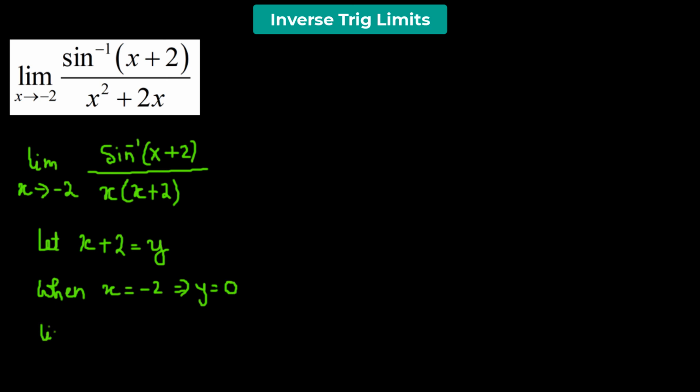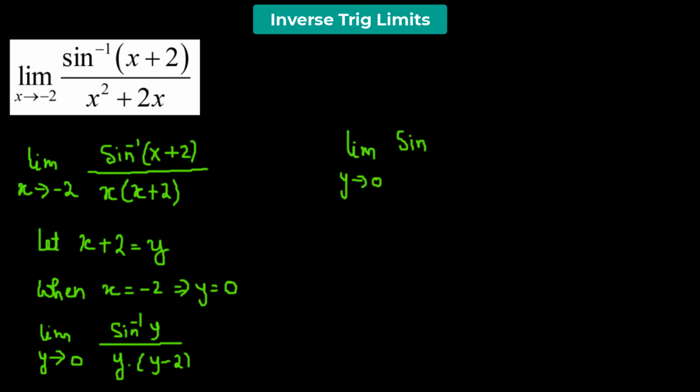So we now have limit y approaching 0 of sine inverse of y divided by x plus 2, so that will become y, and we have x, so that will be y minus 2. So we have limit y approaching 0 of sine inverse of y divided by y, times the limit y approaching 0 of 1 over y minus 2.